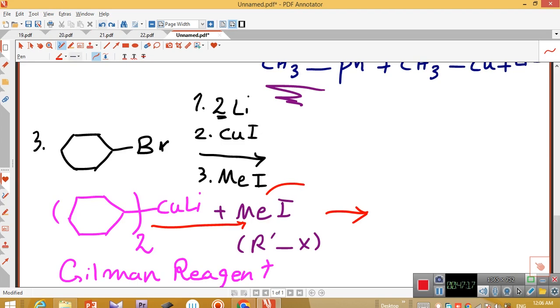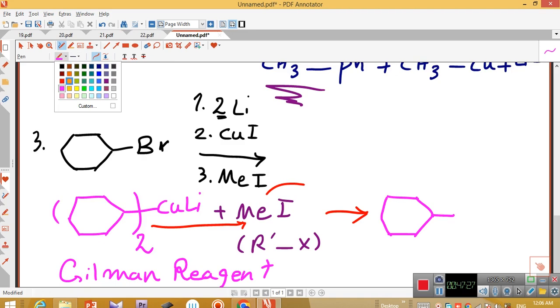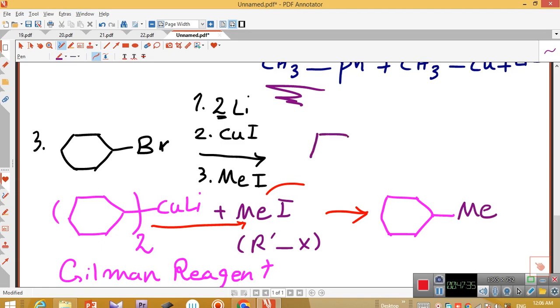So finally, we will have methylcyclohexane along with another product, which is cyclohexyl copper with lithium iodide. But the most important product here, you should write it down, is methylcyclohexane.